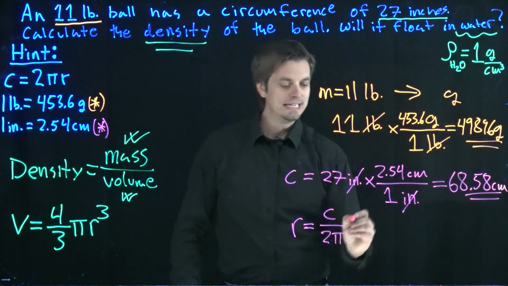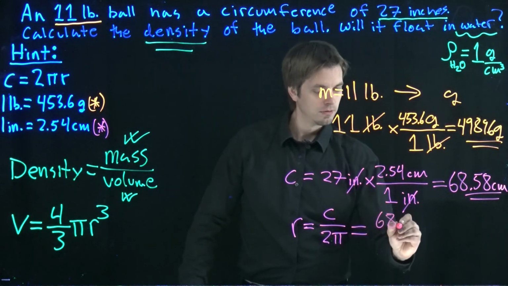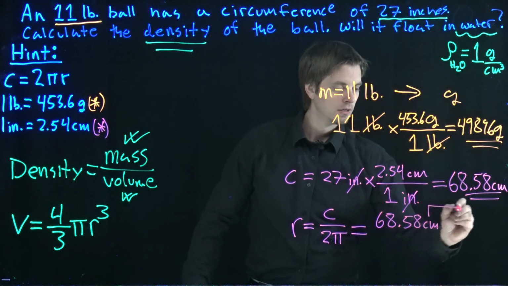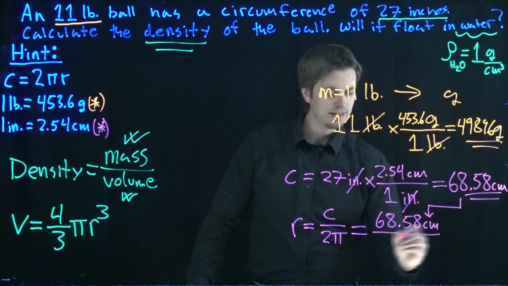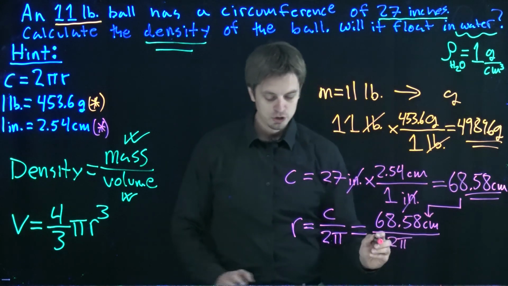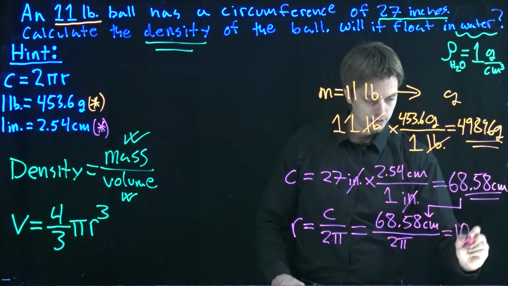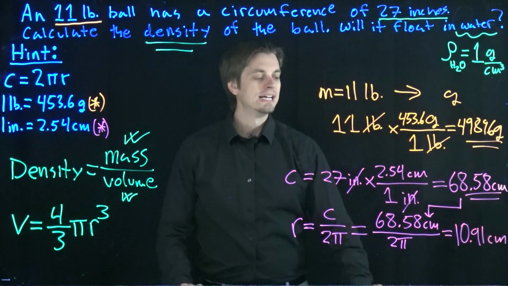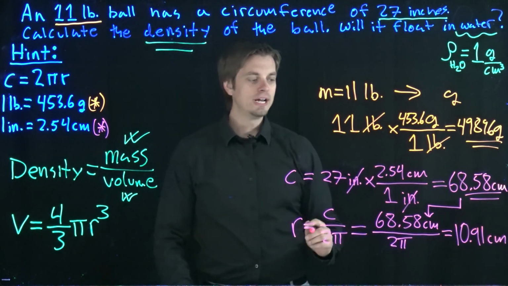C, we just determined above, is 68.58 centimeters. So I'm bringing this term down and dividing it by 2 pi to get a value for the radius. Again, plugging it into the calculator, not rounding, we get a value of 10.91 centimeters. So this is our radius now.